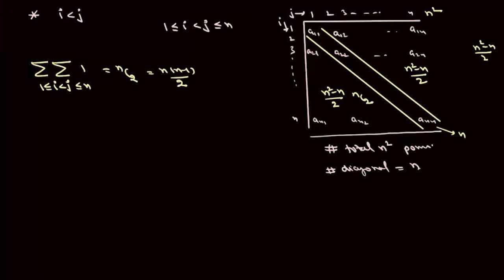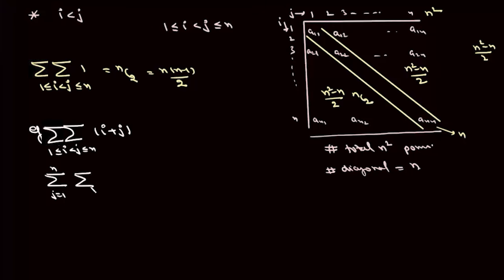Now let's take another example. Another example is this summation, i less than j, less than or equal to n, of i plus j. Now we can write this as summation j varies from 1 to n, and this i varies from 1 to j minus 1 of i plus j.